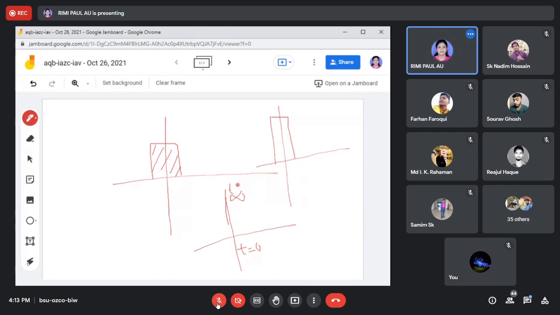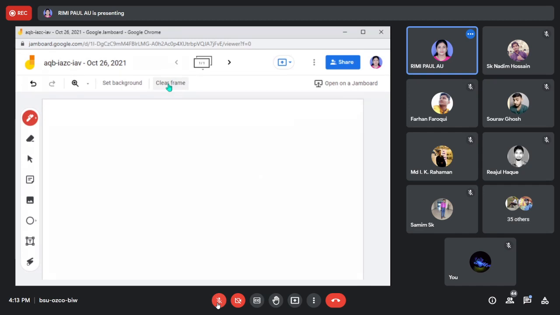Okay, so now you have to generate this signal. So I can represent delta t. This is our unit impulse signal.